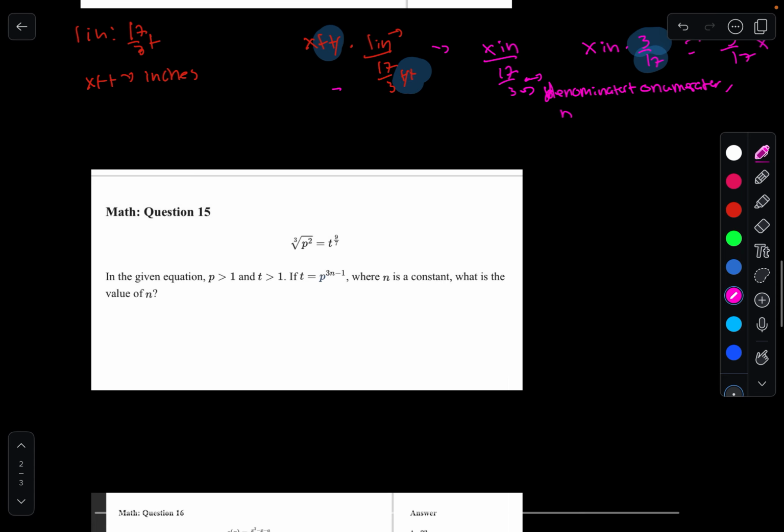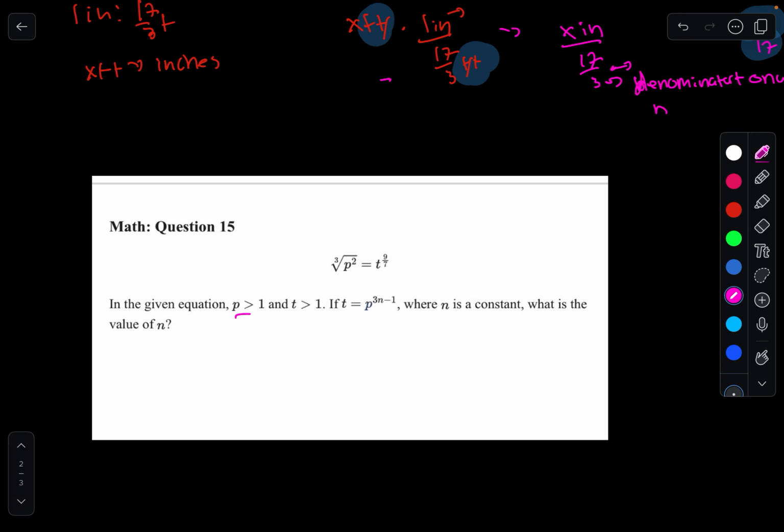Now this one, all right. P greater than 1, T greater than 1. Pay attention to inequalities. They're incredibly important at times. But this we can just plug into Desmos. It's really simple.